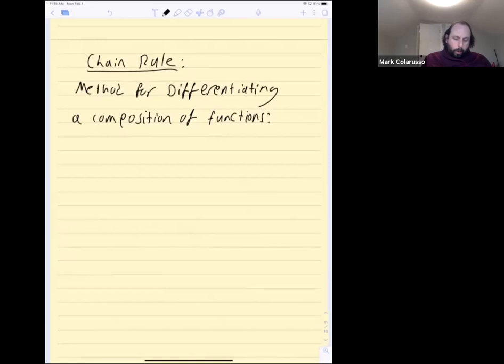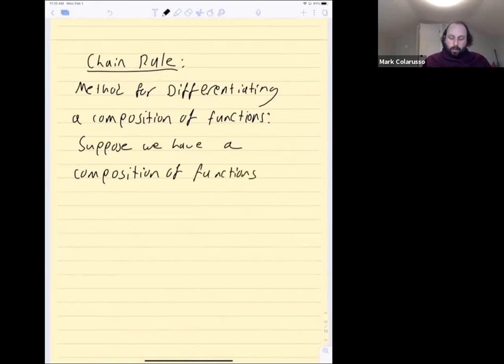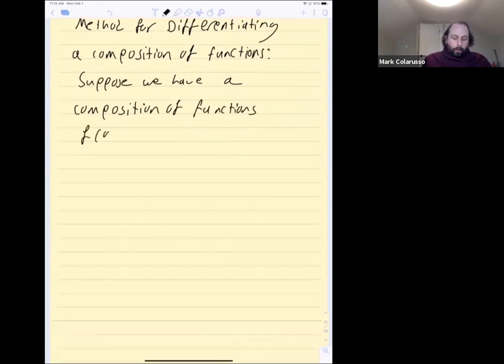Okay, so suppose we have a composition of functions, f composed with g at x. Let me write it this way: h at x is f composed with g at x.